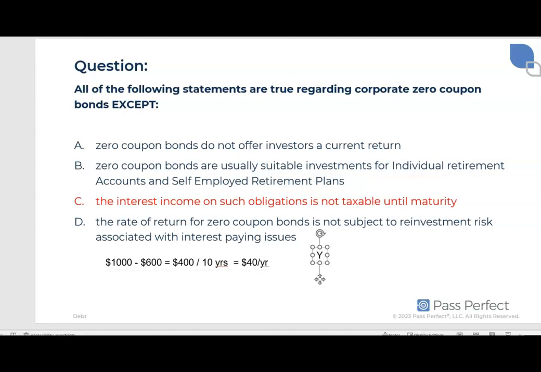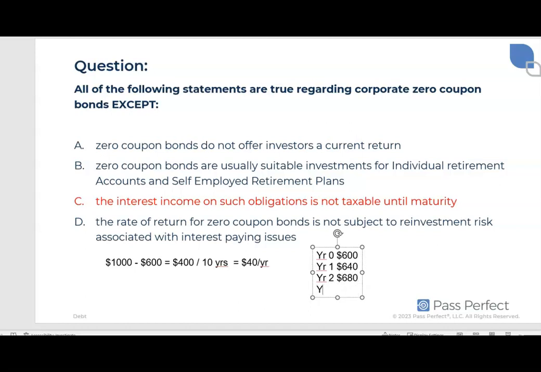So when it starts off in year 0, it's worth $600. After the first year, it's accreted, it's gone up in value to $640. After year 2, it's gone up in value to $680.